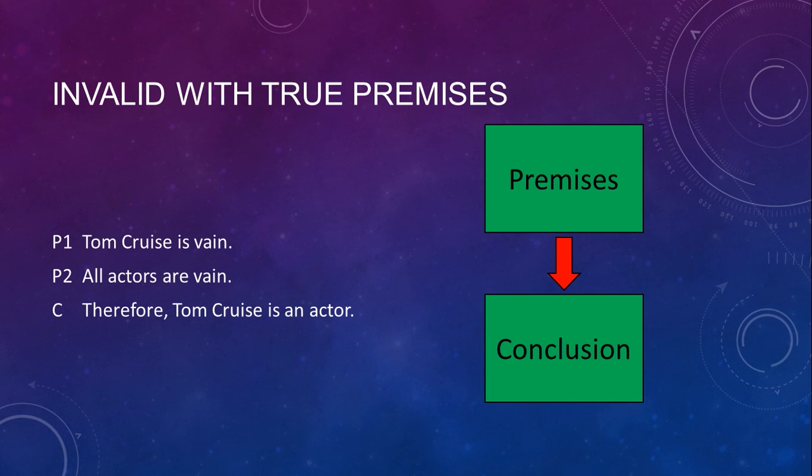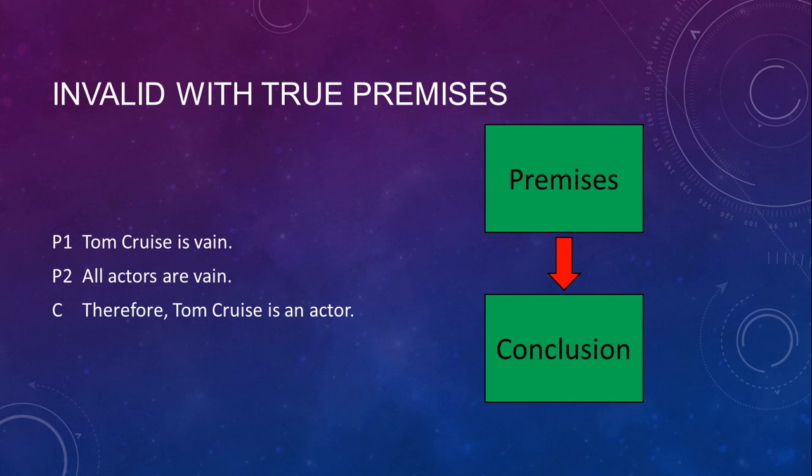Here's another way you could make this into a valid argument. Say, Tom Cruise is vain, all and only actors are vain, then this follows validly. If only actors are vain, then the fact that Tom Cruise is vain deductively entails that he's an actor. That was the problem with this: nothing in this says that only actors are vain. There's lots of other ways to be vain.